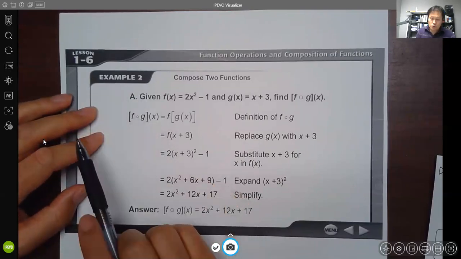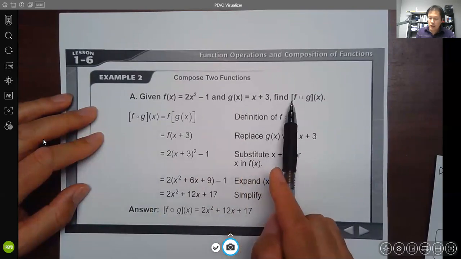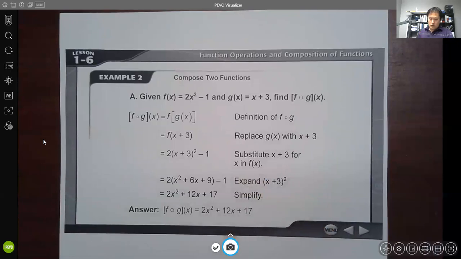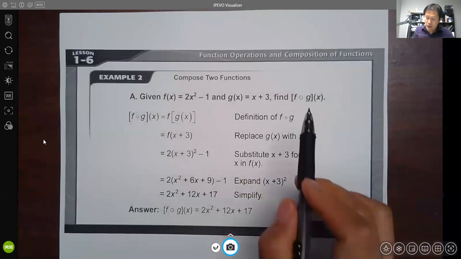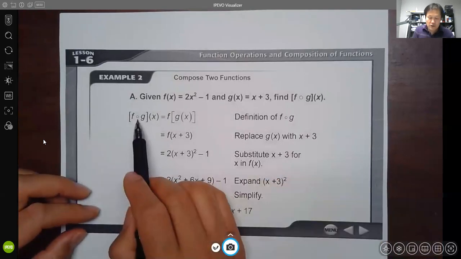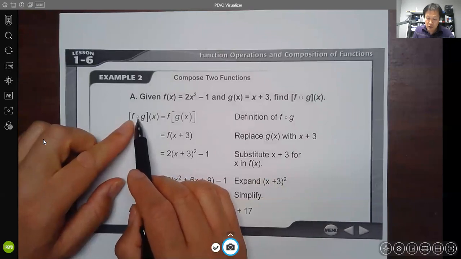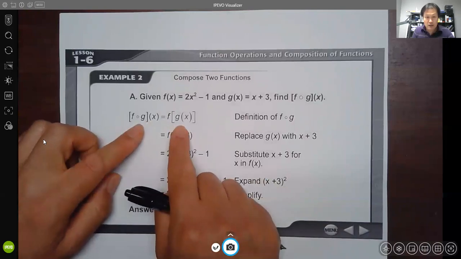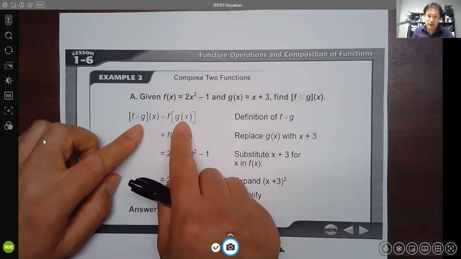Okay, example 2. Given f of x and g of x, find f of g of x. Notation-wise, first I need you to understand this is a composite function, the empty dot. This is exactly the same writing as f of g of x, where g is inside.